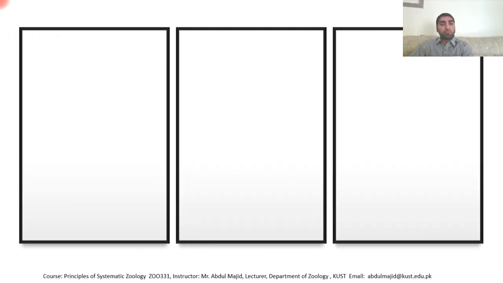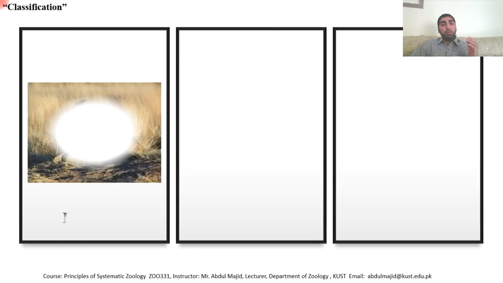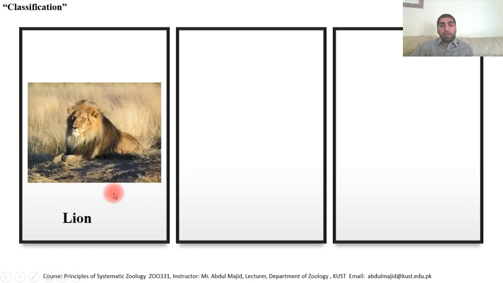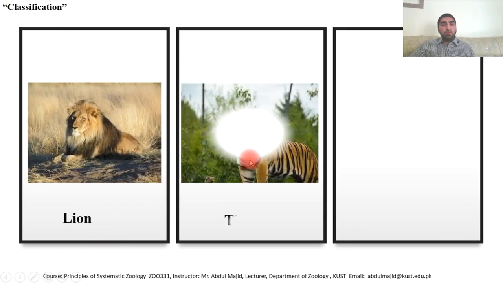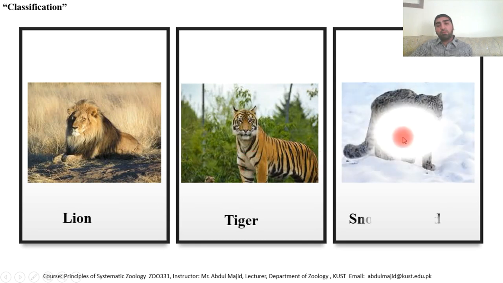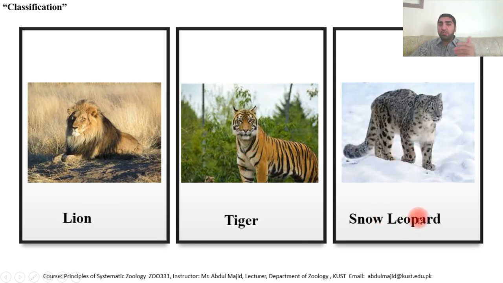Now, in another group like lion, tiger, and snow leopard, and cheetah, and domestic cat also. Then, on the basis of certain characteristics, because all of these, the lion, the tiger, the snow leopard, the cat, the cheetahs, have cat-like characteristics, they are known as felines.